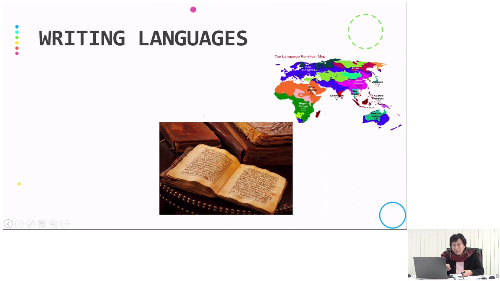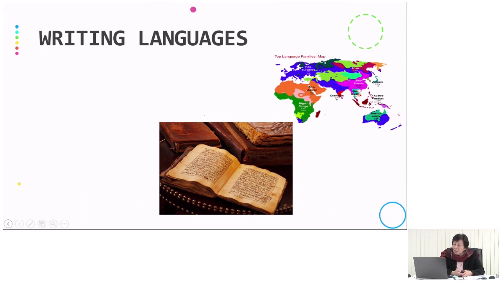Writing languages are not exactly expressing thought right away, but a kind of symbols with which we transcribe the spoken form. So when you write something, there must be a certain rule, a certain concept, a certain attitude about writing.